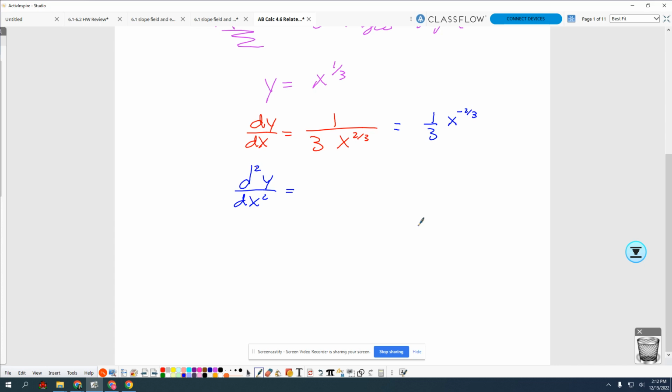Negative 1/3. So multiply by the power, negative 2/3 times the 1/3 that was already here. Now lower the power: negative 5/3. And I am just going to put it below and not write the negative anymore. So kind of yucky. Ray, where is this double derivative 0?